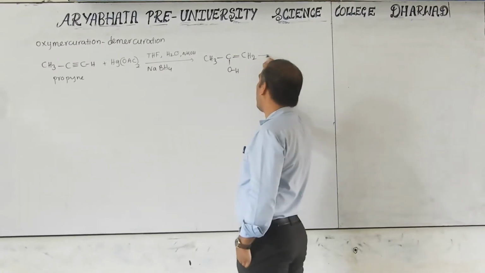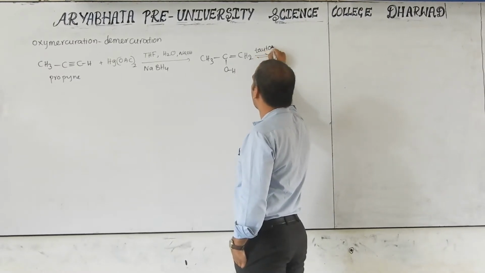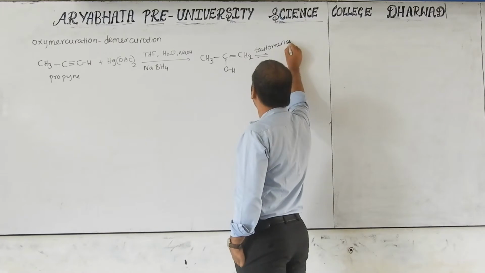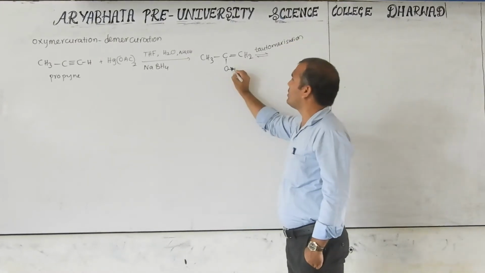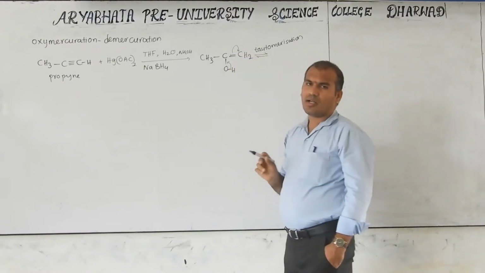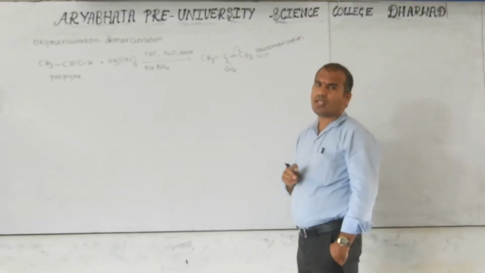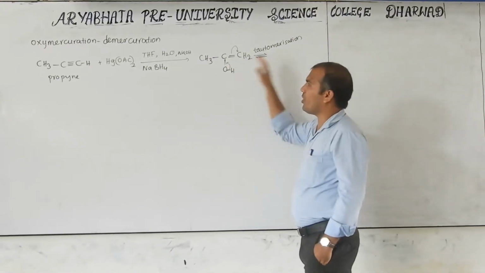Then it undergoes tautomerization. This bond will be shifted here, and this H will be shifted here. I already told you that when a monoketone is there, the enol form is less stable and the keto form is the most stable form. Then it comes into keto form.